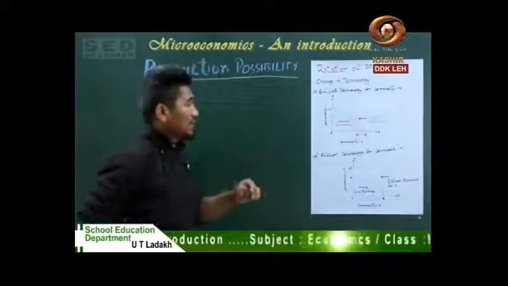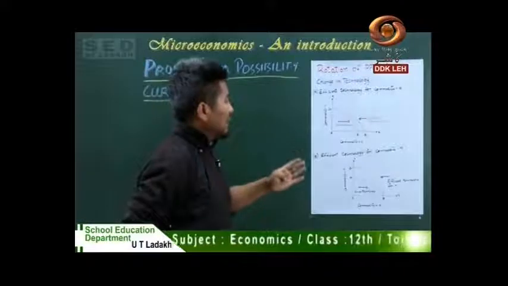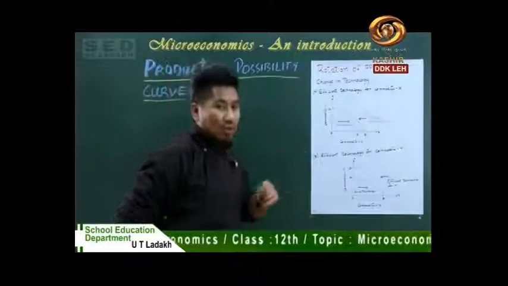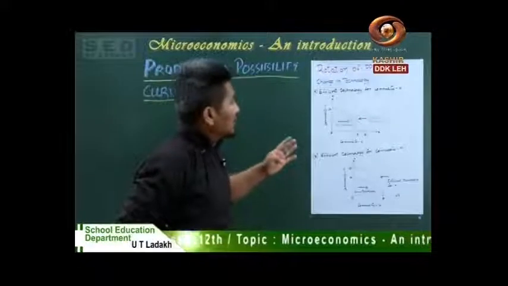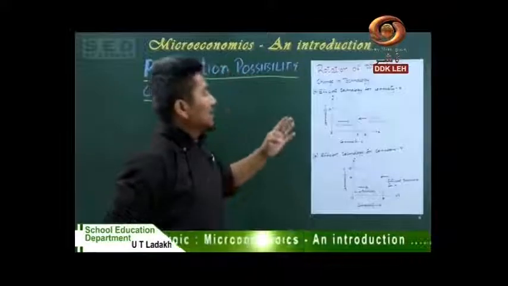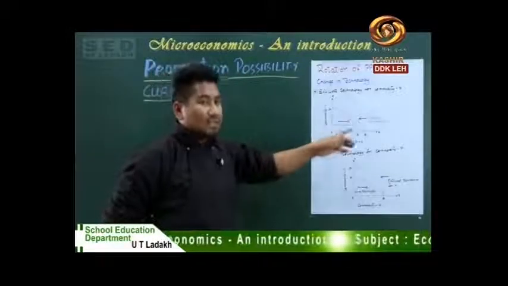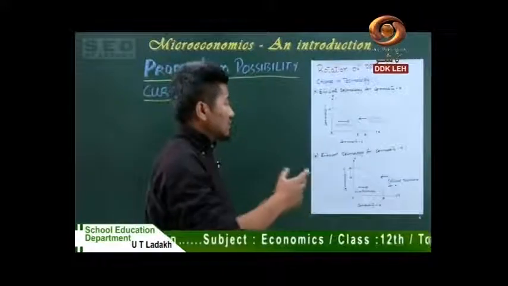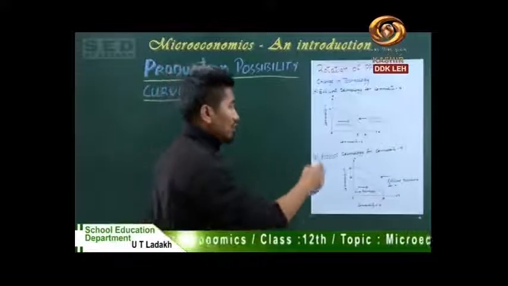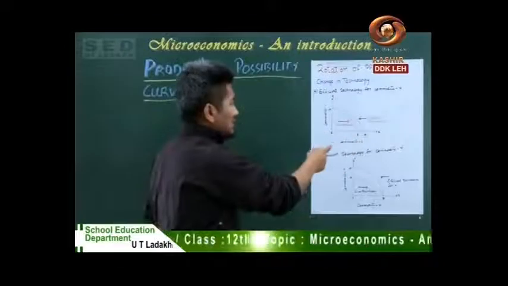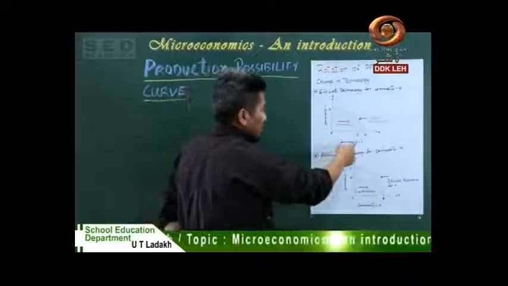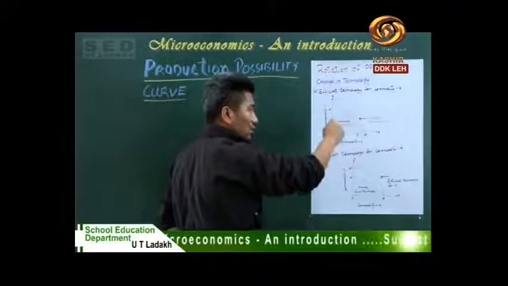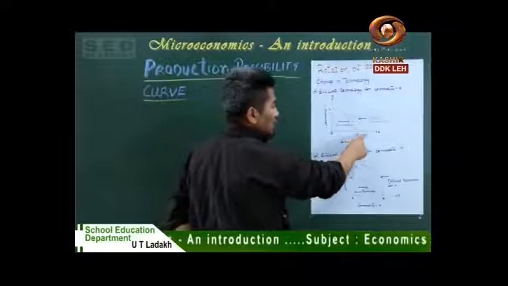Now there is an increase in the efficiency of technology, or increase in efficiency in the method of production for commodity X. Because of this, the production possibility curve rotates anti-clockwise from B to B1.